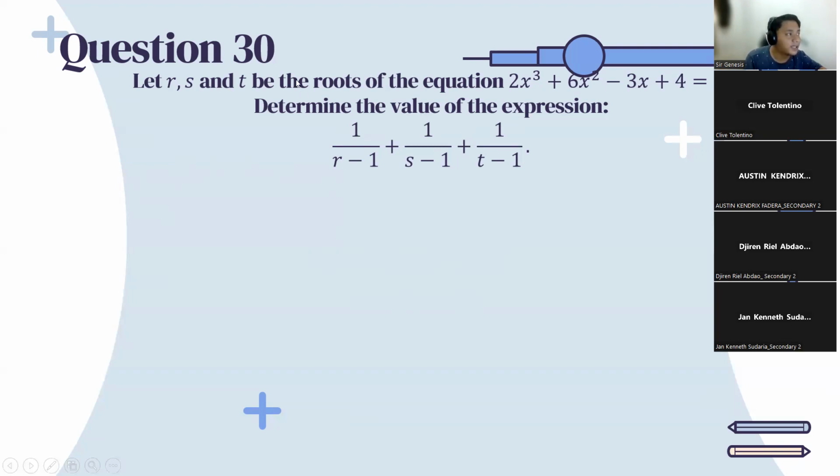So since we know that R, S, and T are the roots, and also we have this expression, what we can do, if we think that we can factor that out, or if you don't want to try to factor that one, you can just use Vieta's formula, right? So the Vieta's formula will just be something like this.